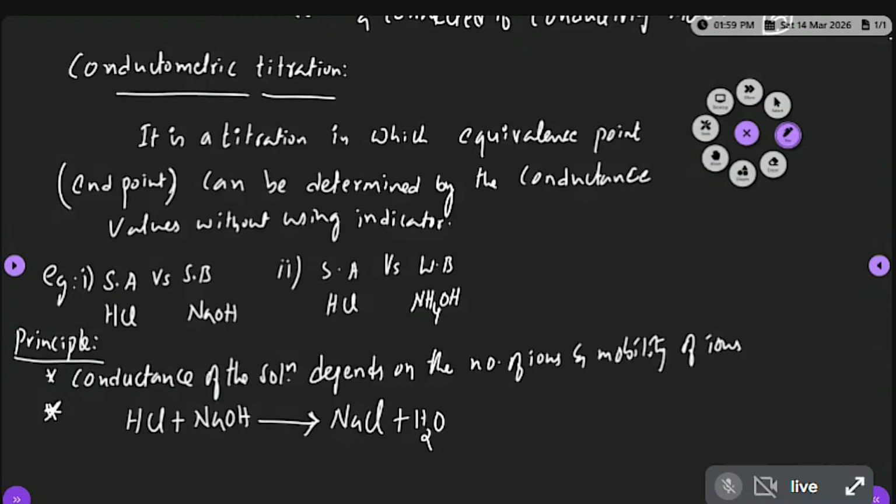See, the conductance of HCl solution initially is high. Why? I told you before, it is a strong electrolyte. It has more number of ions.